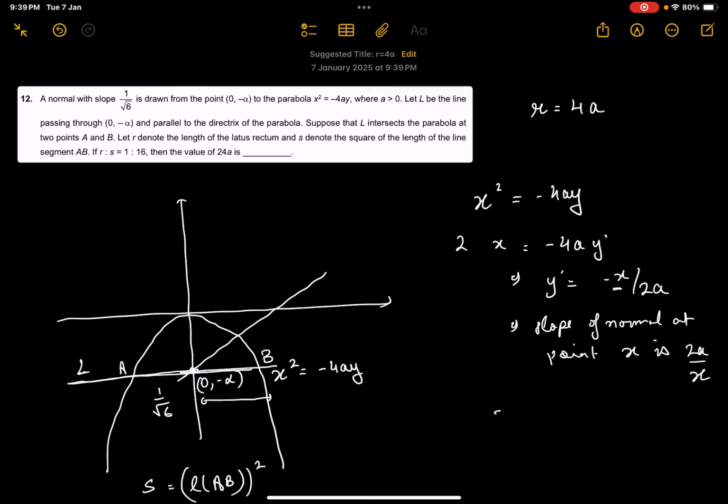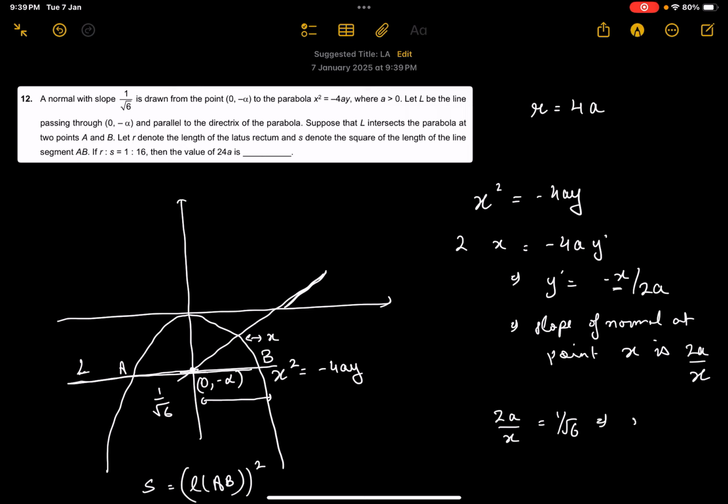And we are given that 2a by x is 1 by root 6, the slope of this normal, and this is the x coordinate where this line intersects the parabola.